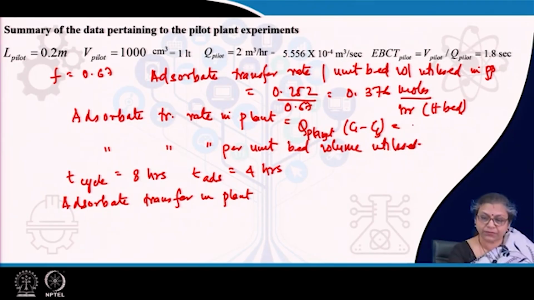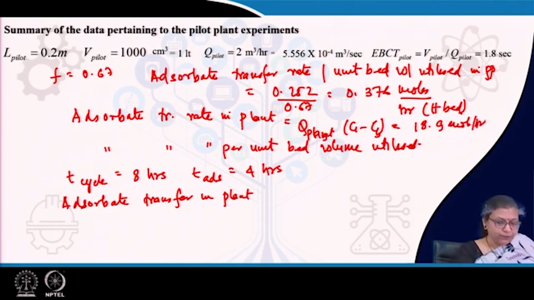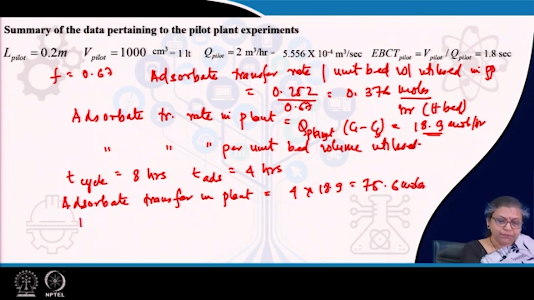The adsorbate transfer rate is roughly equal to 18.9 moles per hour, and so from there we can find out the adsorbate transfer in the plant. This is 4 hours times so many moles, which gives you around 75.6 moles. So, the bed volume that gets utilized, how much is that going to be?